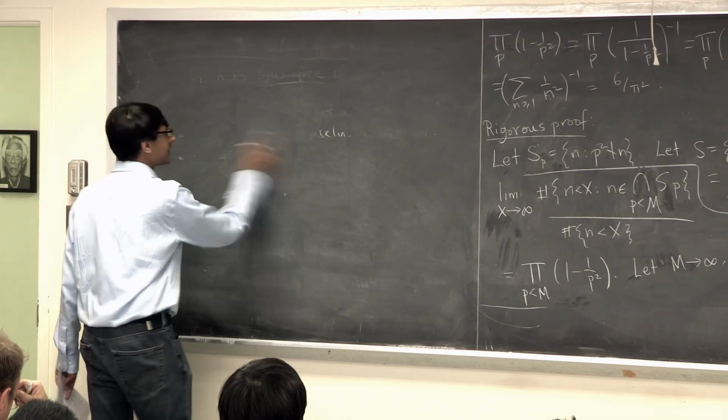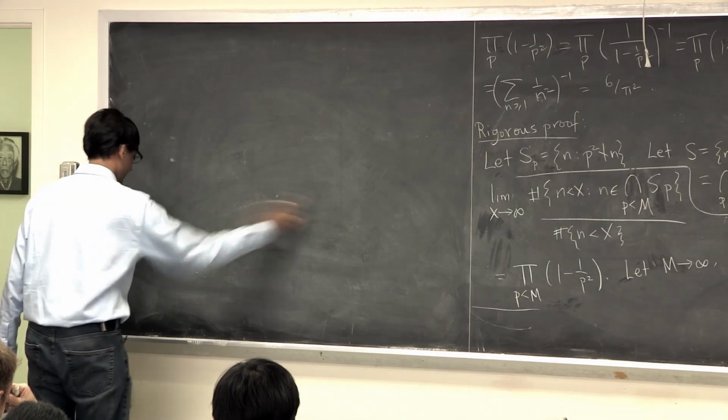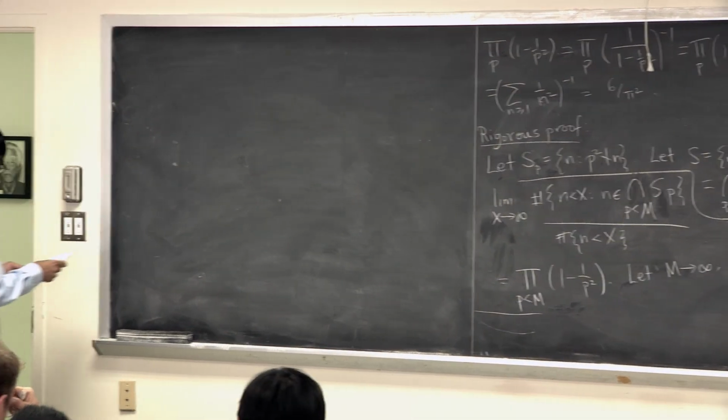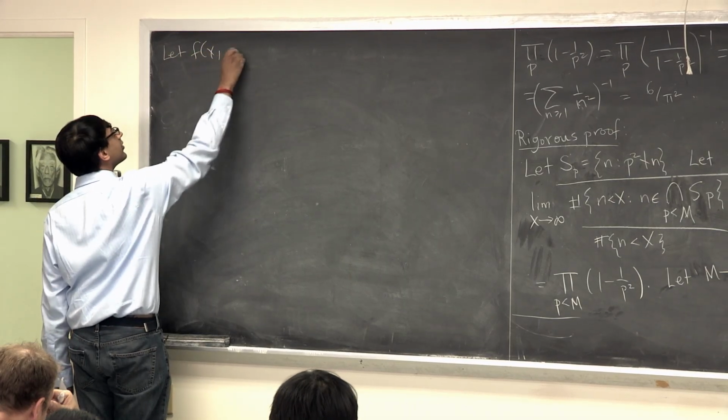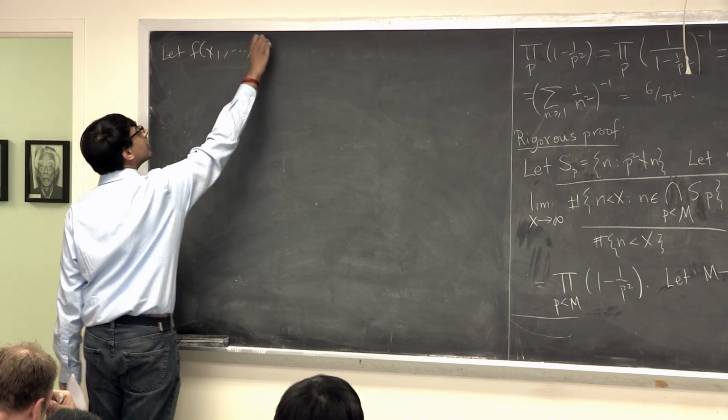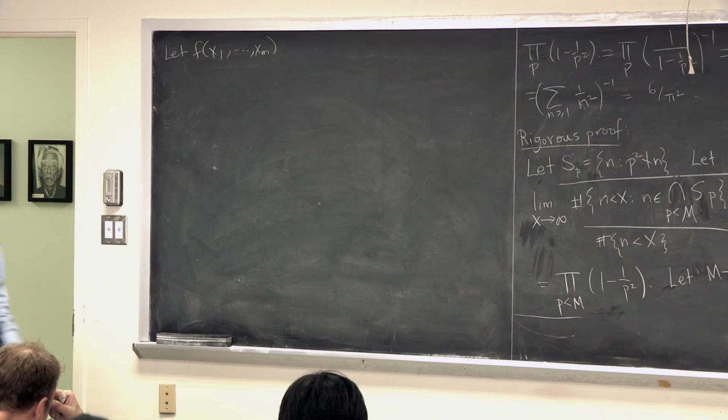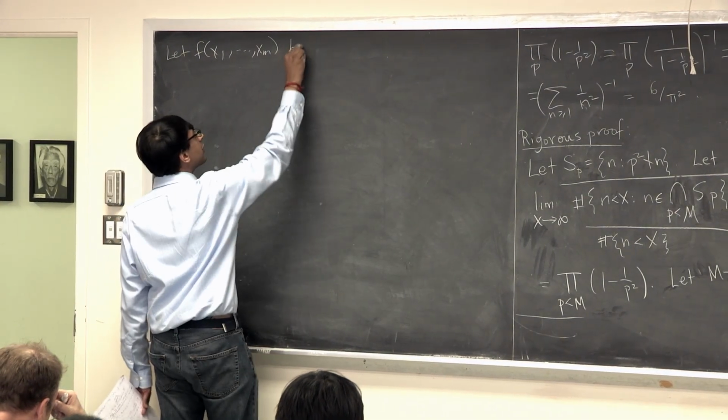Now on to the more general question, which is: suppose you take a polynomial f of x1 through xm. So it's a polynomial in m variables, an integer polynomial.